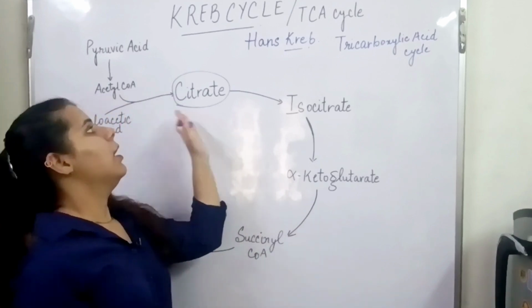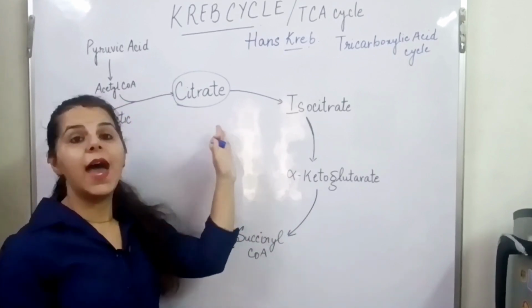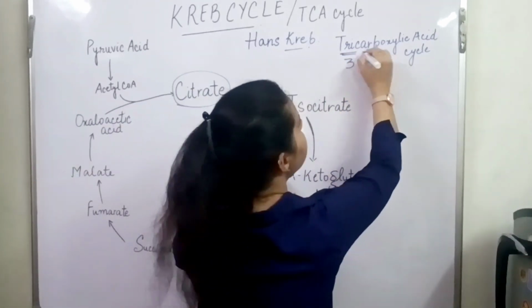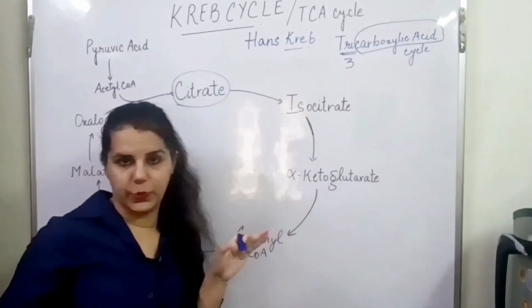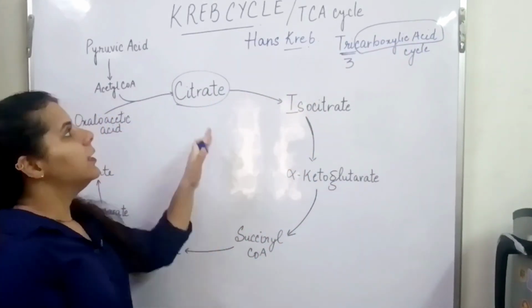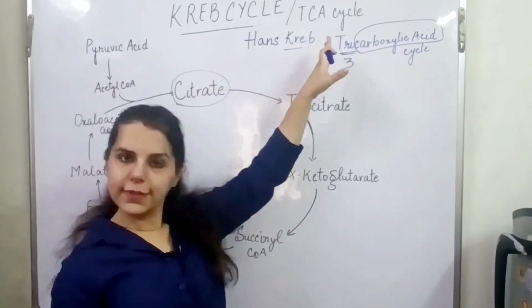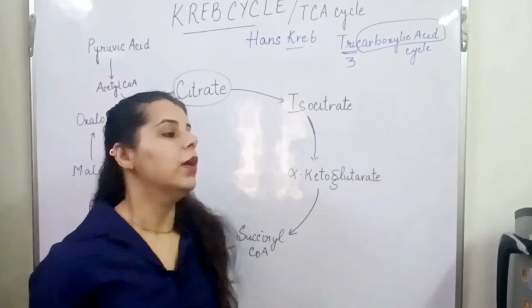It is a 6-carbon compound and this compound has 3 carboxylic acid groups. Tri stands for 3. That is the reason this Krebs cycle is also known as TCA cycle or tricarboxylic acid cycle.